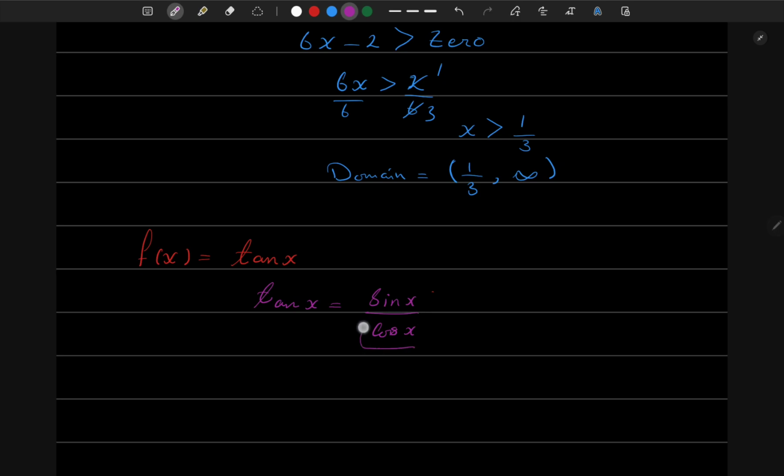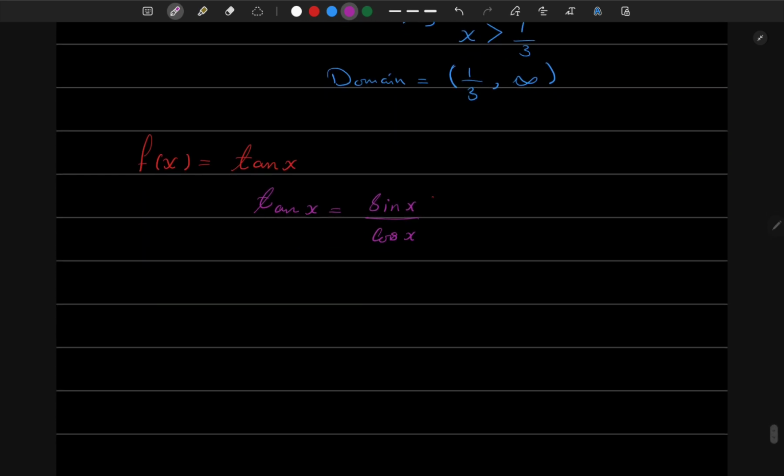And now I have a denominator, and I need to find all the values that make this denominator 0. What are the values that will give me 0 in cosine x? Well, cosine x is a periodic function, and it has many zeros.